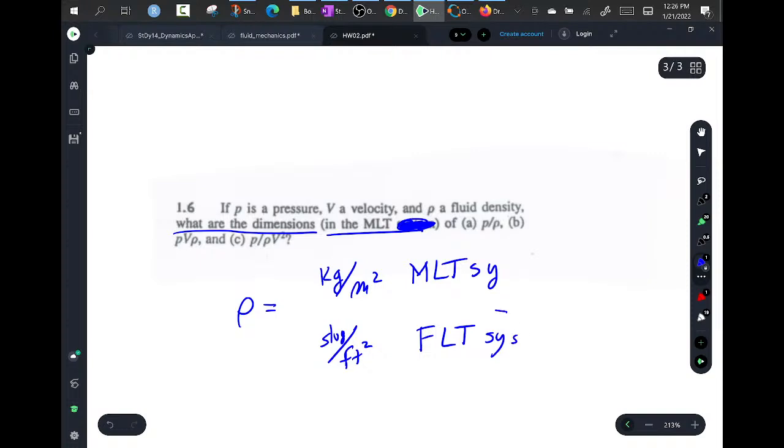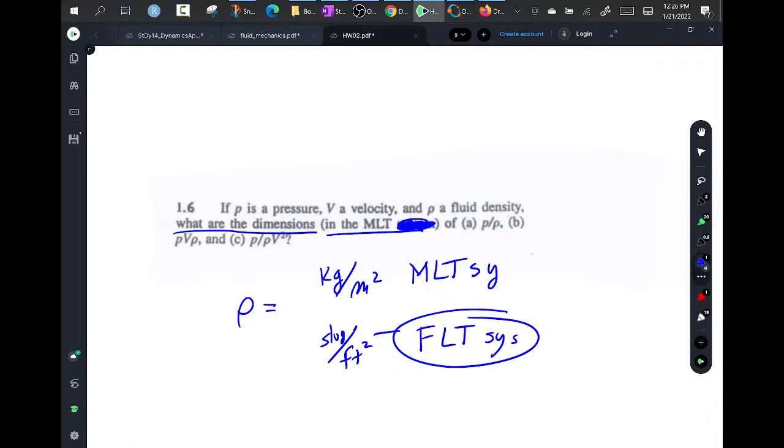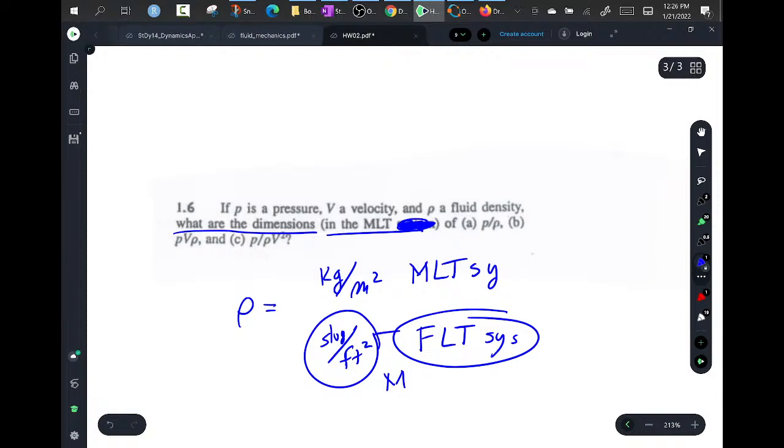So that's in an FLT system, but it is written as an MLT representation, meaning there is a mass sitting on a third power, which in fact is the mass per unit volume. Regardless, that's the definition of this, the mass per unit volume.